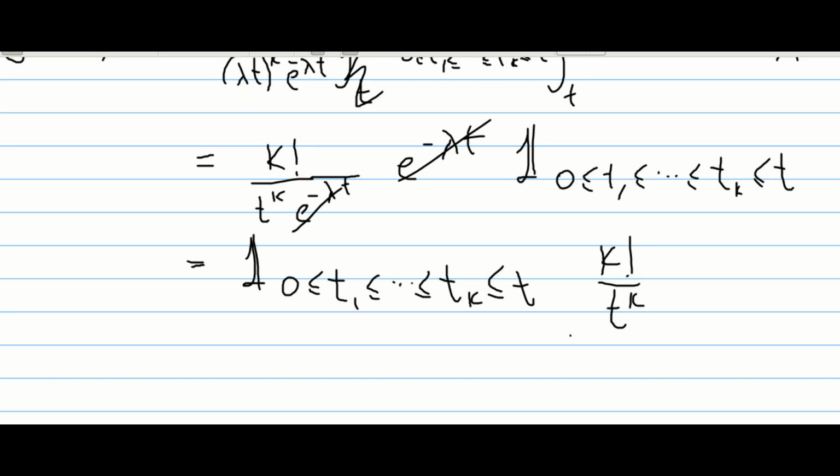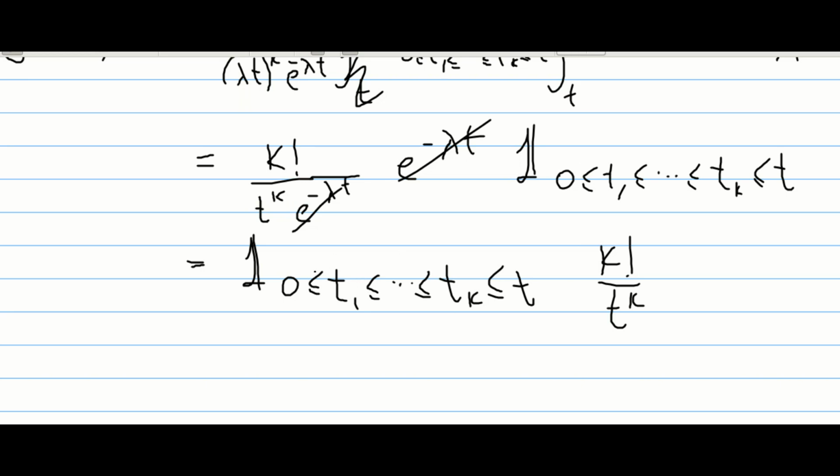This is fantastic. It doesn't depend on t_1, t_2 or anything. Just the indicator of some prism, pyramid, some hyperpyramid, and some constant factor that makes this exactly a density. So it integrates up to 1.